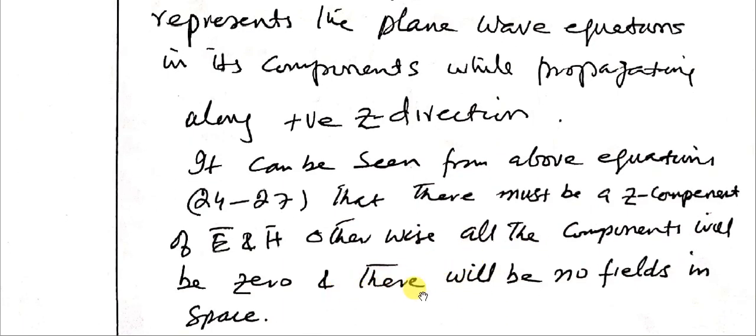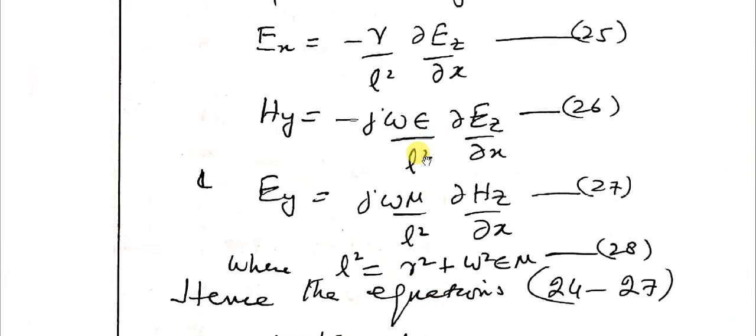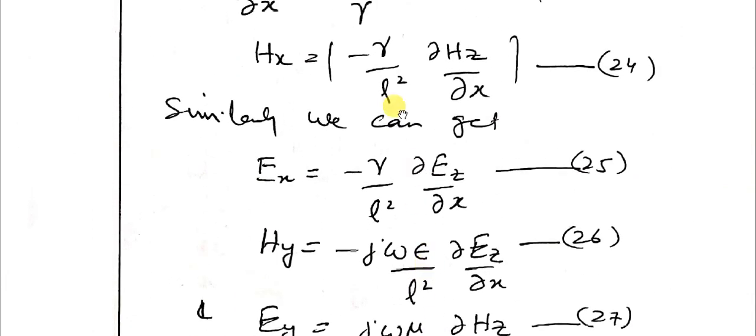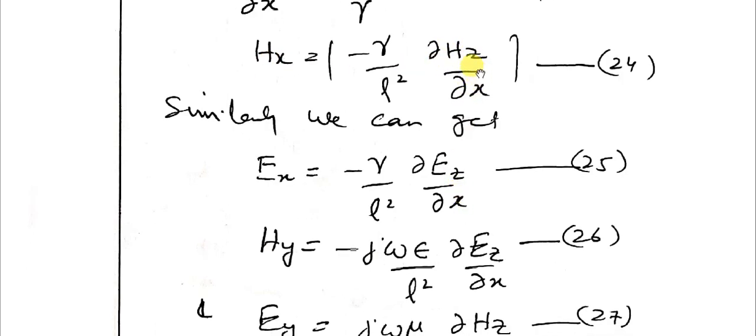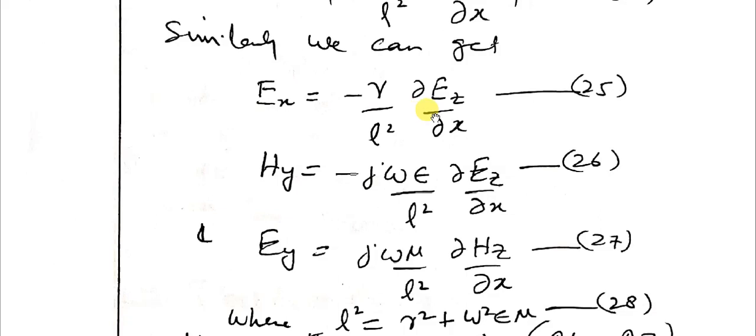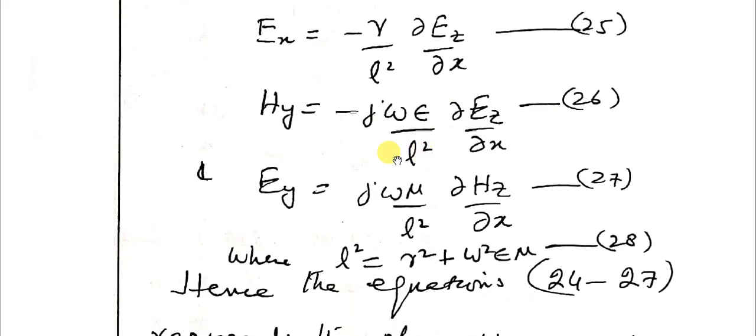If you notice, in Hx we have delta Hz by delta x, because the wave is propagating along the z direction, so we must have the z component of the H field. Similarly, in Ex we can see Ez is there, the partial derivative of Ez with respect to x. Similarly, in Hy we see again delta Ez by delta x.